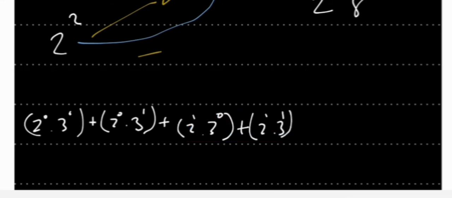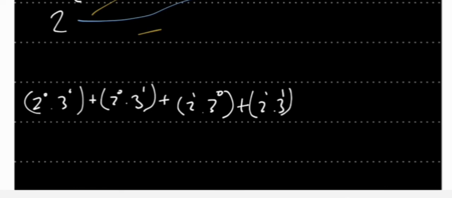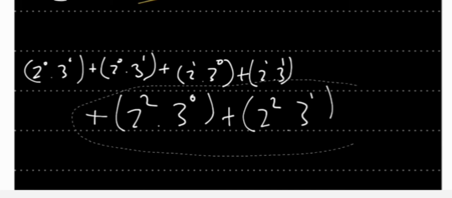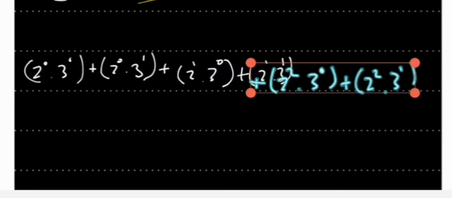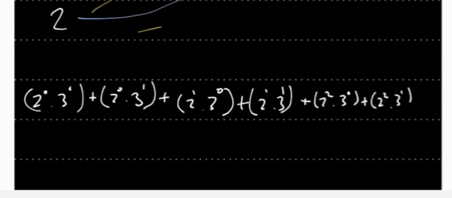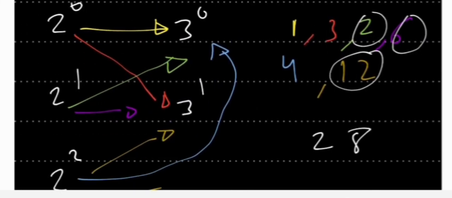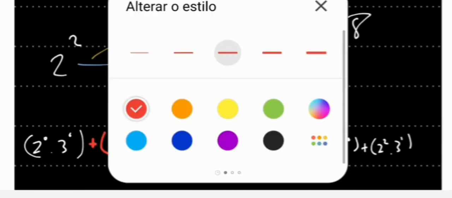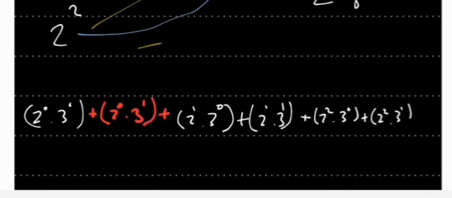And then we have the last ones: plus 2 to the second multiplied by 3 to the 0 plus 2 to the second multiplied by 3 to the 1, right? So let me try to do this over here. I know it's small, but let's put a few colors. So 2 to the 0 multiplied by 3 to the 1 was the red one, and then we had a yellow one, 2 to the 0 multiplied by 3 to the 0.